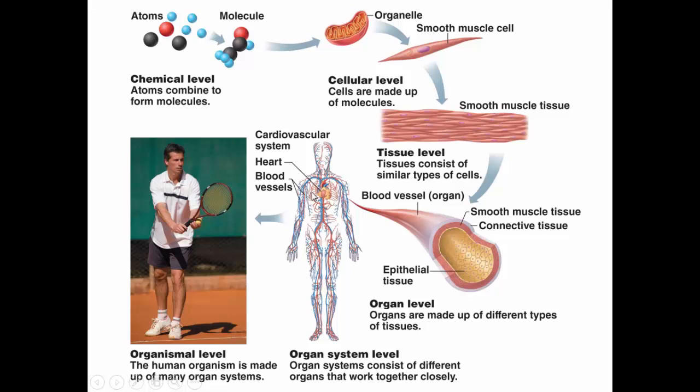The blood vessel is a part of the cardiovascular system. The heart and the blood vessels together make up the cardiovascular system, so there we have an organ system. But this human being over here, this organism, functions not only because it has a cardiovascular system, but it's got a nervous system and a digestive system. So all of the organ systems are working together for the organism to be successful.